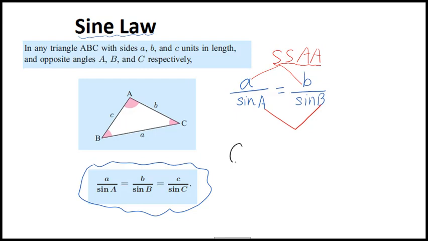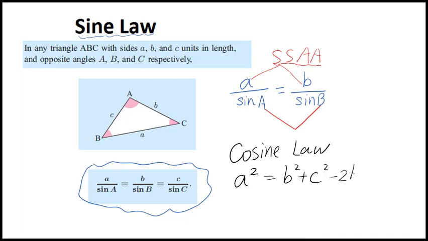Let's compare to Cosine Law. For the Cosine Law, remember we have a squared equals b squared plus c squared minus 2bc cosine A. So for this A, it's an included angle.